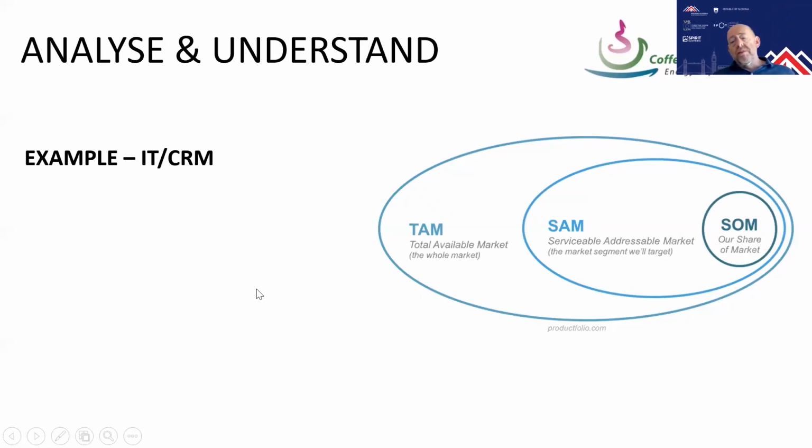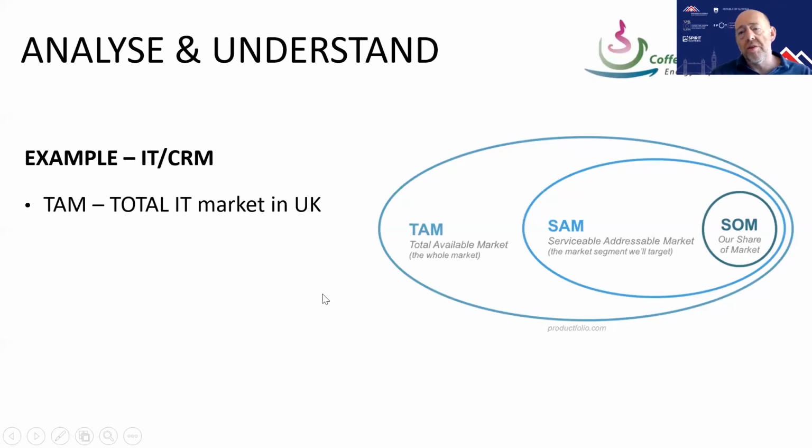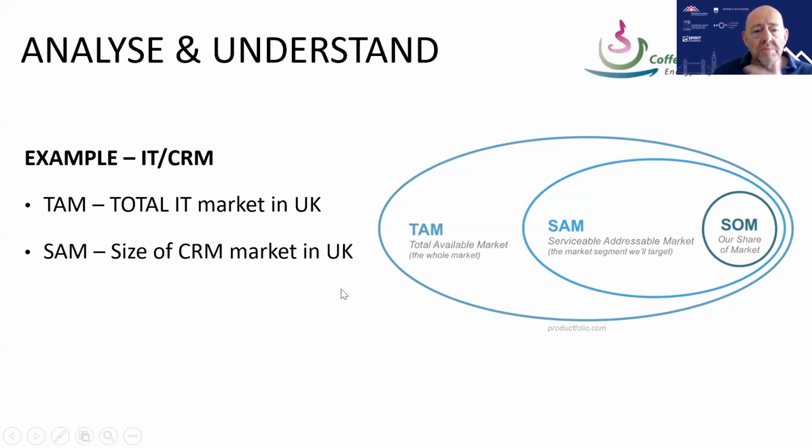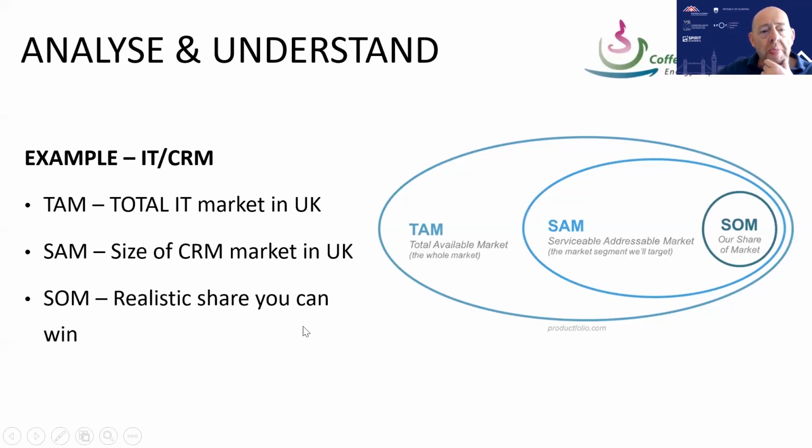So I'll do a quick worked example so that you can see what these three elements actually mean. For example, let's talk about the IT market. The total IT market in the UK is the first thing you look at. And if you're selling CRM, the addressable market is the size of the CRM market in the UK, which is likely to be large and therefore very attractive for you as a CRM supplier to go after.